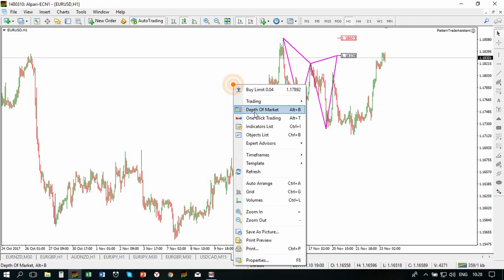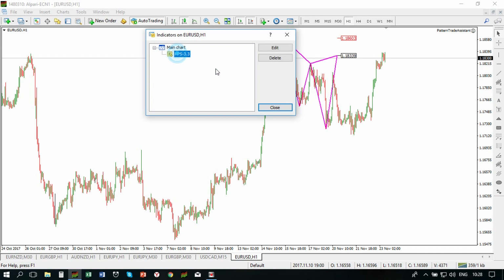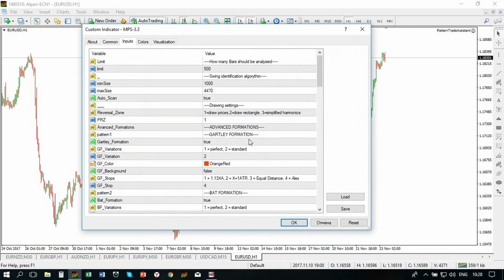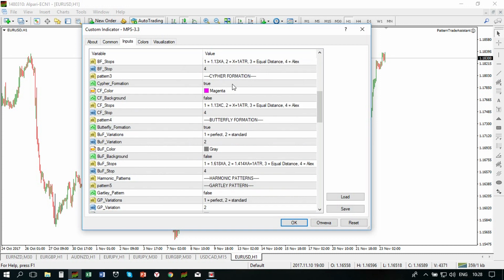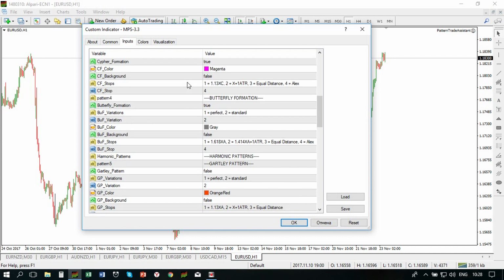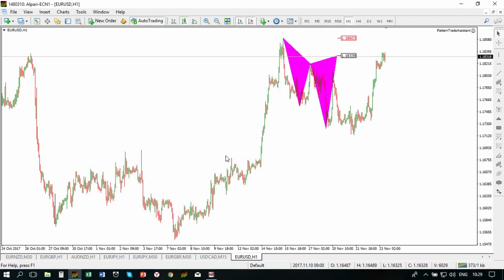About the settings, yes. Every pattern has its own settings. First, you can switch that off or on. If we have a Cipher pattern, we can switch it off or we can switch it on. Then we can have a background. What is that? True. Yes. Look what happens. The Cipher looks this way. Better? I don't know.